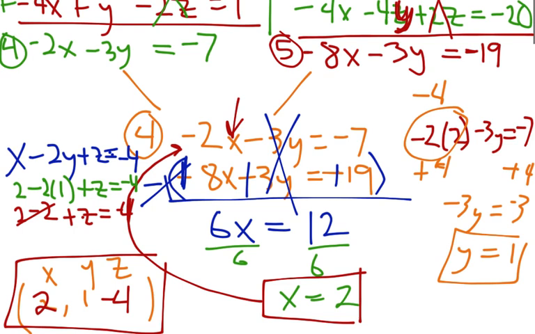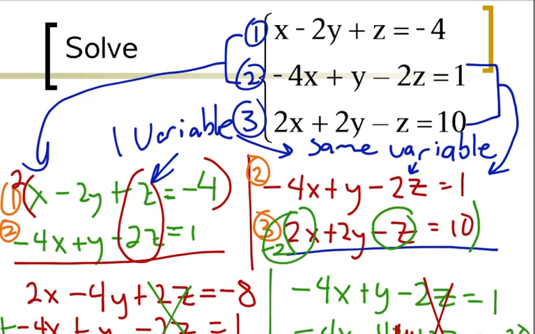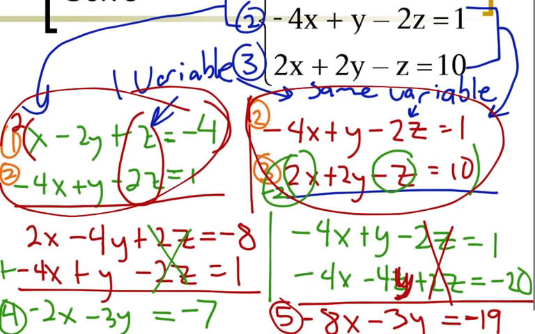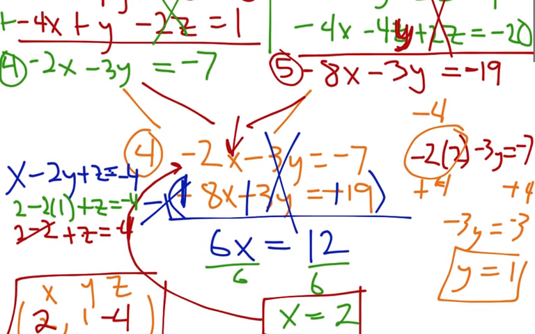So again, as a recap, what we do is we take our first 2 equations, stack them, eliminate 1 variable, take our second 2 equations, eliminate the same variable, take the resulting equations, which are 4 and 5 here, bring them together, and eliminate the second variable here to get 1 variable alone.